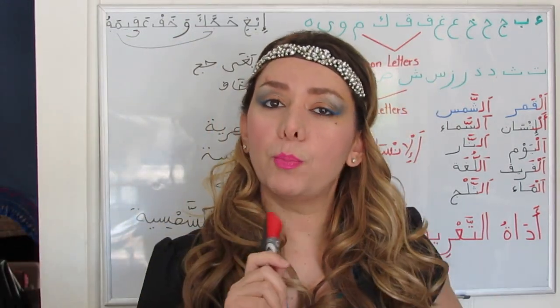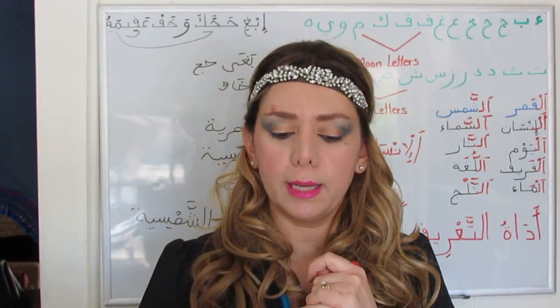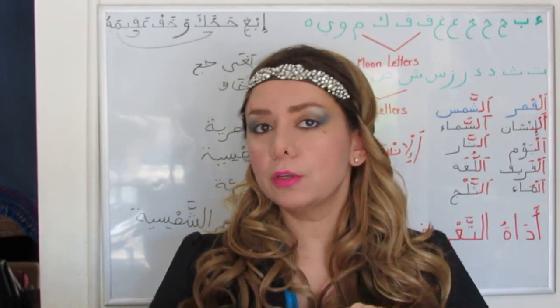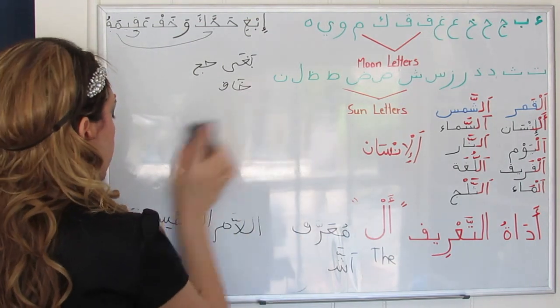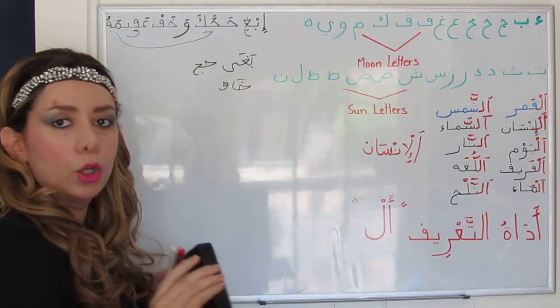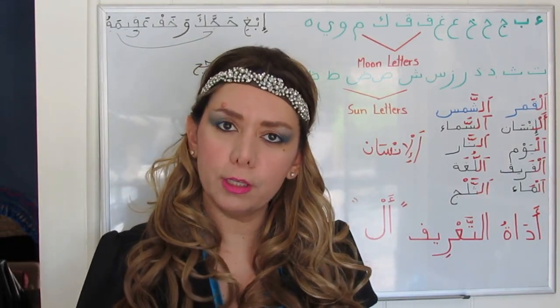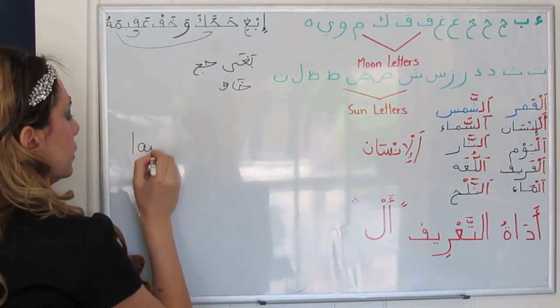Another thing to point out about the definite article is that it may be used in abstract and generic concepts, because with these concepts in English, we don't use the. For example, laughter is the best medicine.